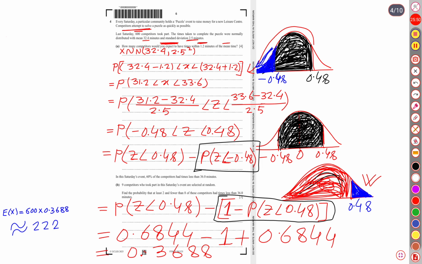And in this question actually there has been a twist. First twist was that they didn't directly tell the score. They told us 1.2 minutes of the mean time. So first 1.2 has been subtracted from the mean, and then it has been added to the mean value. After that, for the z-score, 1 is getting a tiny part.